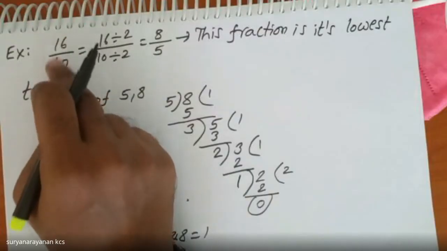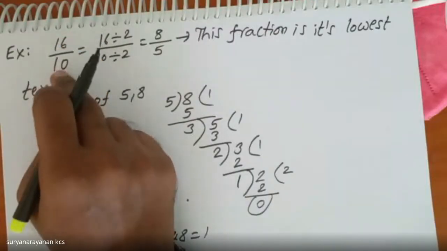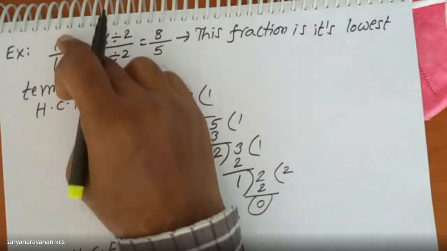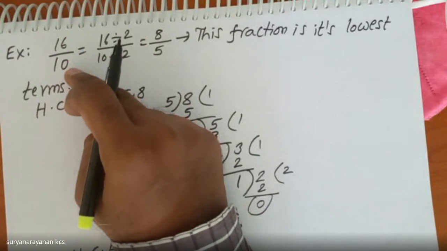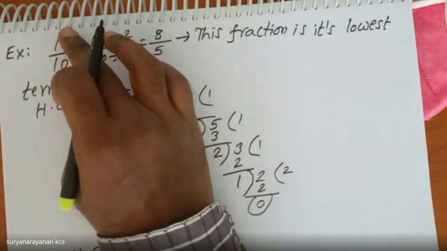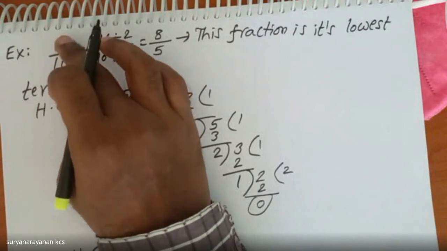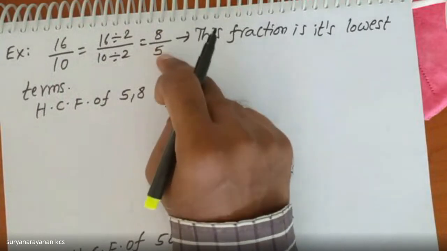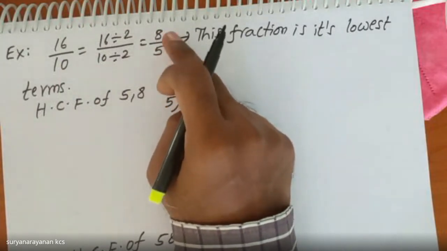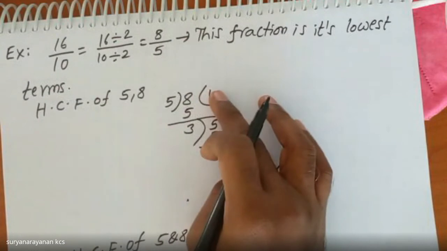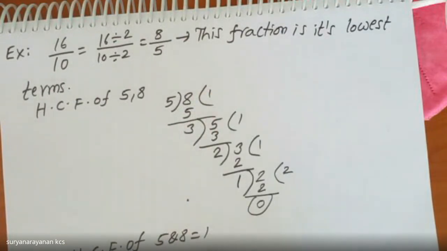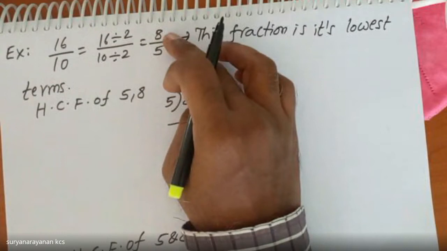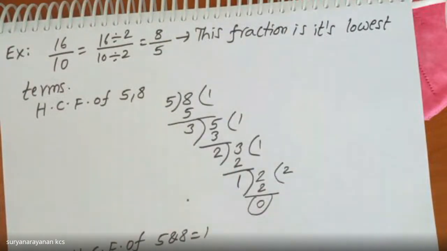Because we did not get 1 when we found the HCF of these two numbers. What is the HCF of 16 and 10? 2, sir. That is why we say this fraction is not in its lowest terms. Whereas for this fraction, if you find the HCF of the numerator and denominator, we got 1. That is why we say this fraction is in its lowest terms.